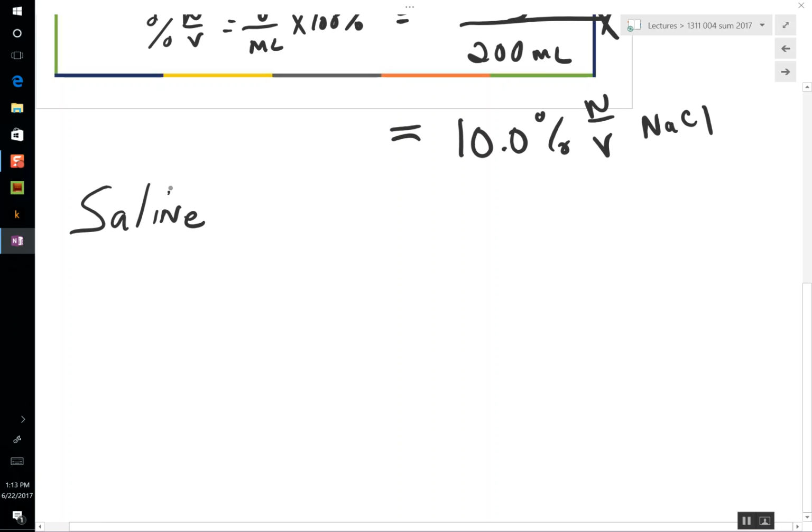All right, in the hospital, they have these bags of saline. You can't give water in an IV. It has to be saline solution. You can drink a bottle of water, it won't hurt you. You put pure water in your blood veins and it'll hurt you.